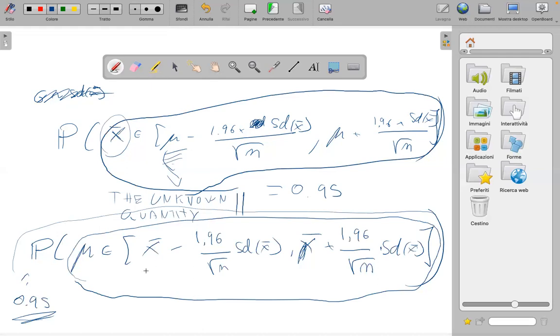But in this way, we find a confidence interval, under the same assumptions of the Z test.